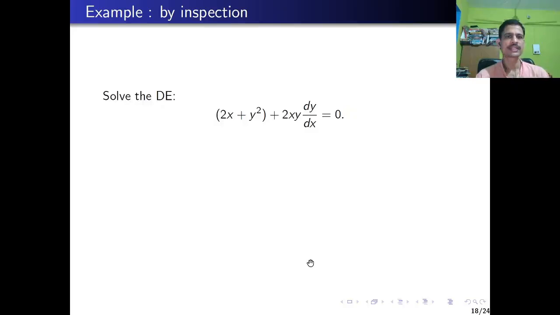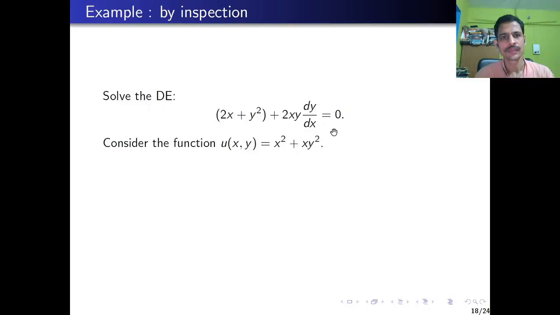So consider the first order differential equation, (2x + y²) + 2xy dy/dx equal to 0. So consider the function u(x,y) is equal to x² + xy².